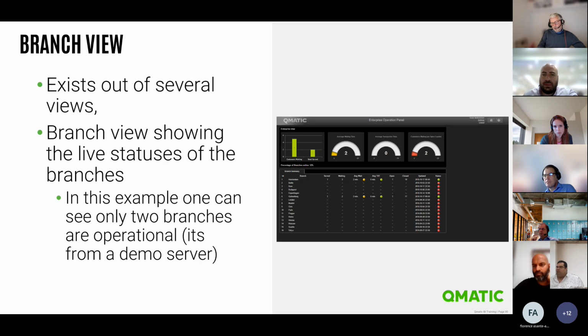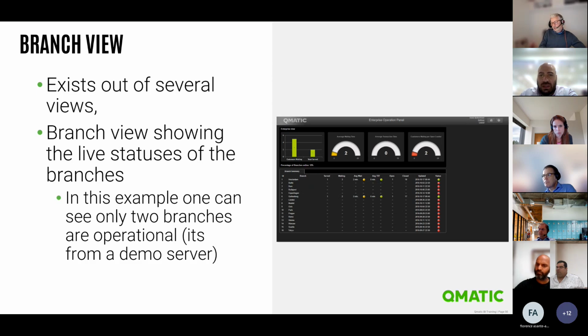So if a person is only allowed to see Amsterdam, they will see only Amsterdam. You define that in the user access rights: to which branches does a specific user have access? And that's what that user can see in the dashboard or the operation panel.